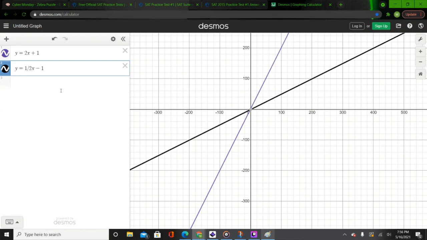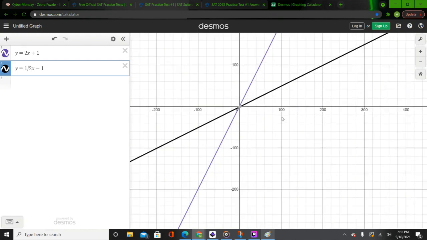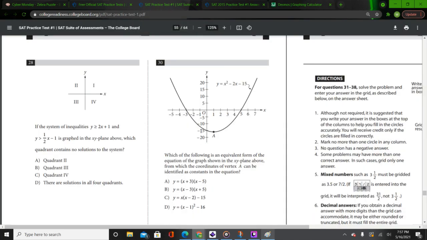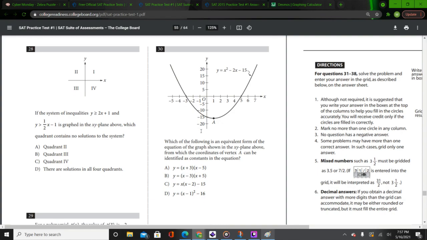You probably wouldn't be able to do greater than or equal to. So you'd have to assume, all right, are they both greater than? In which case quadrant 2 is included, or are they less than? In which case quadrant 4 is included. They're all greater than, so quadrant 4 is excluded, and quadrant 4 would be the answer. So quadrant 4, and it's choice C for 28.